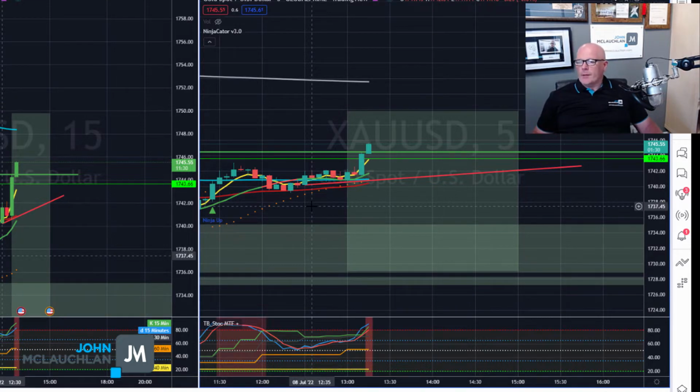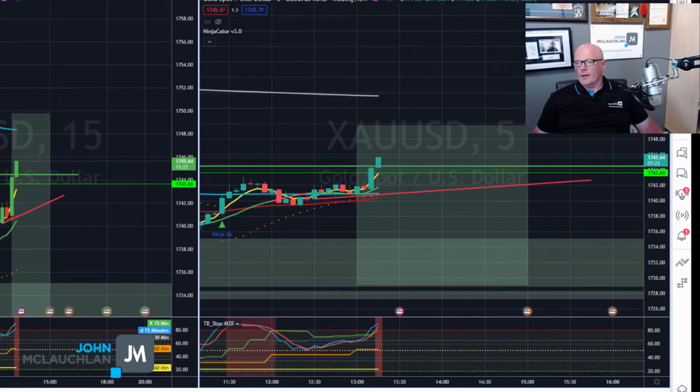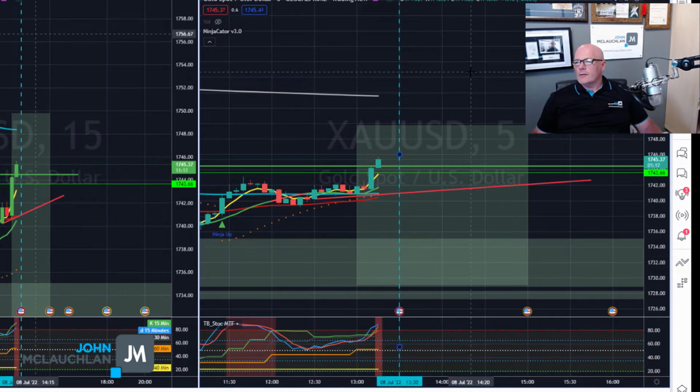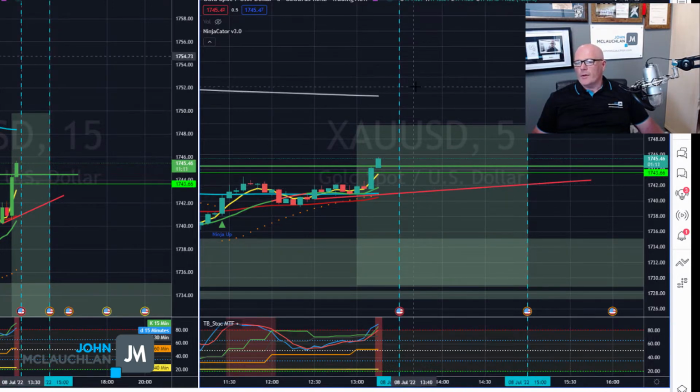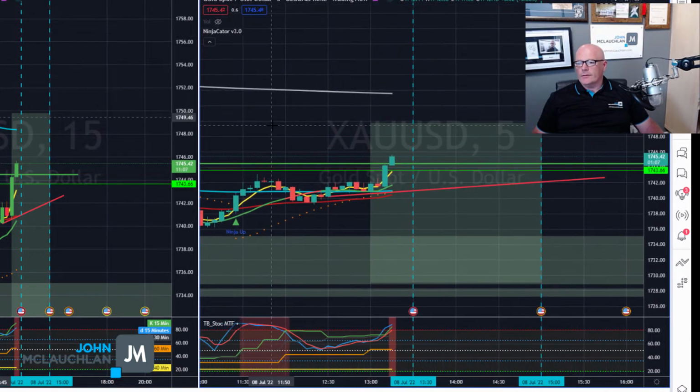It's been going bearish for a long time because of the strength of the pound, strength of the dollar, and also increase in interest rates. What I like to do as well is put the vertical lines just to highlight the news, just because I might miss it. But other than that, looks good.